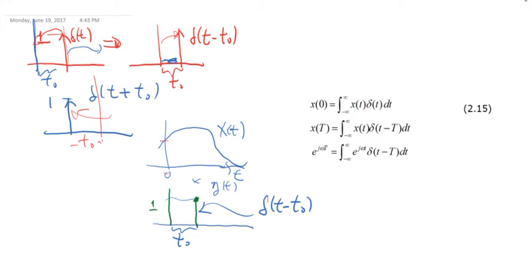Then xt times gt, or xt times delta t minus t naught, just equals these particular things, and this is equal to that. That is very important.